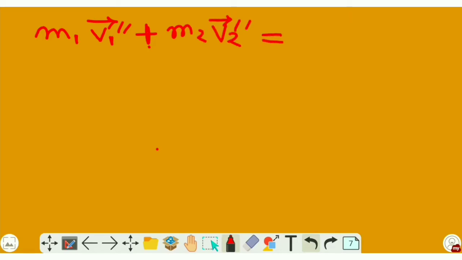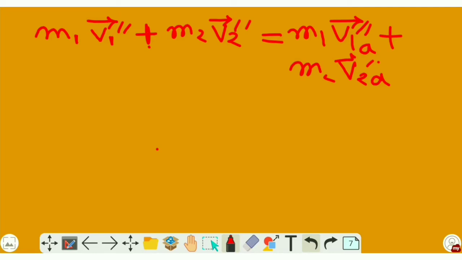According to linear momentum conservation, we can write that m1 v1 double dashed vector plus m2 v2 double dashed vector is equal to m1 v1 double dashed vector a plus m2 v2 double dashed vector a.